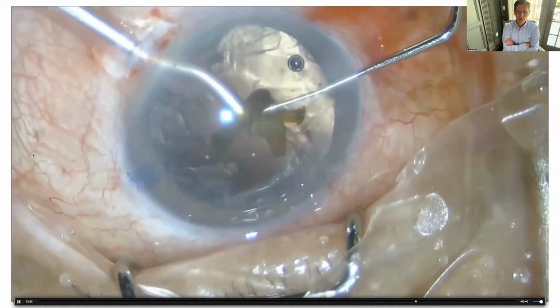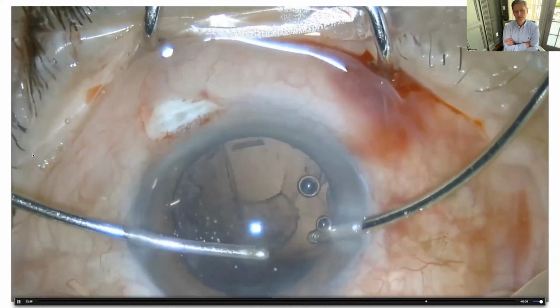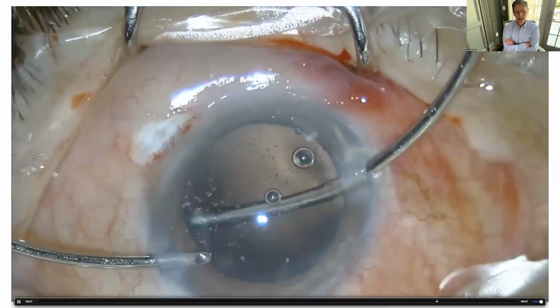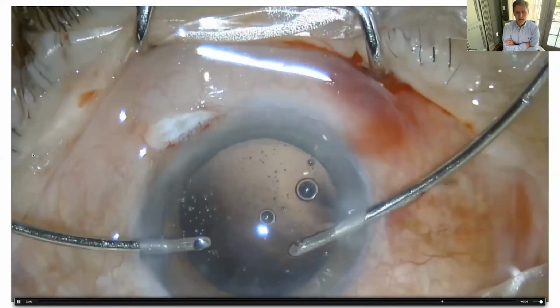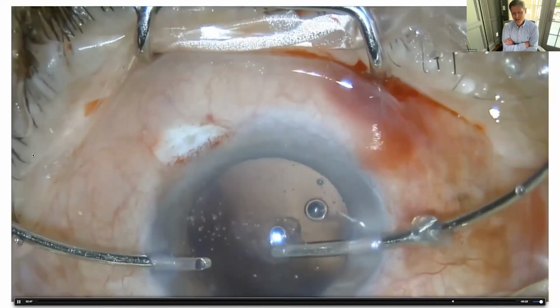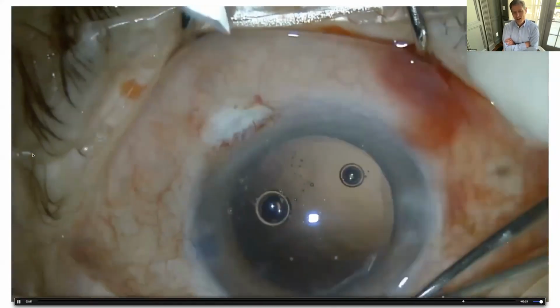Always, the secret to success is using a lot of dispersive viscoelastic to protect the endothelium, because what purpose does it serve if we emulsify this nucleus, but then we end up with an endothelial transplant?